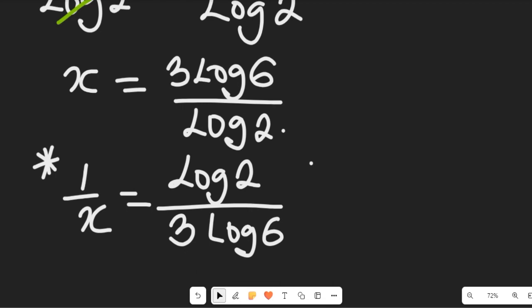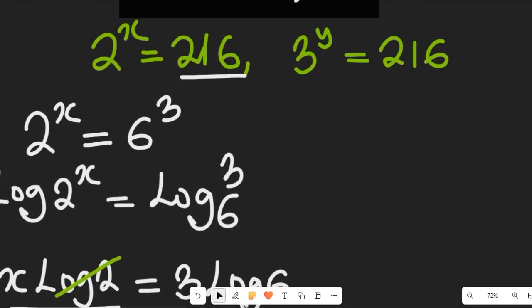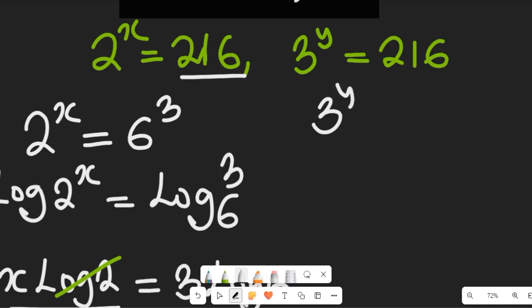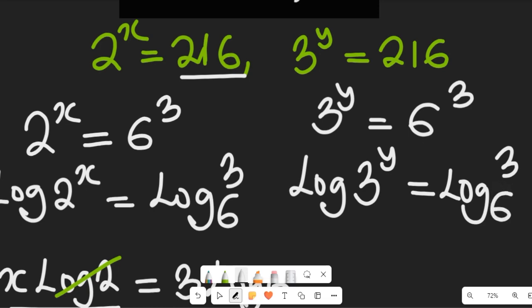Now, let's consider the other part, 3 to the power of y equal to 216. We consider that part, you come to see that 3 to the power of y can also be equal to 6 to the power of 3. So if we take the log of both sides, we're going to have the log of 3 to the power of y equal to the log of 6 cubed, right?